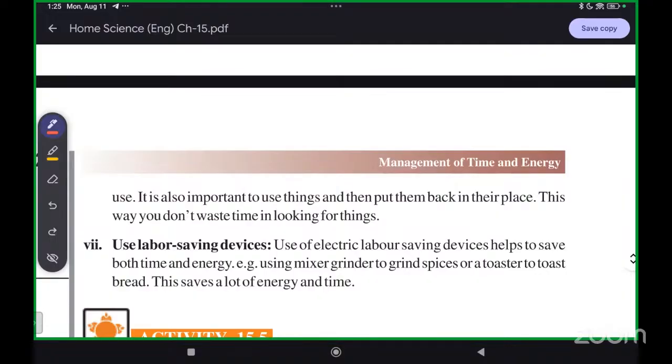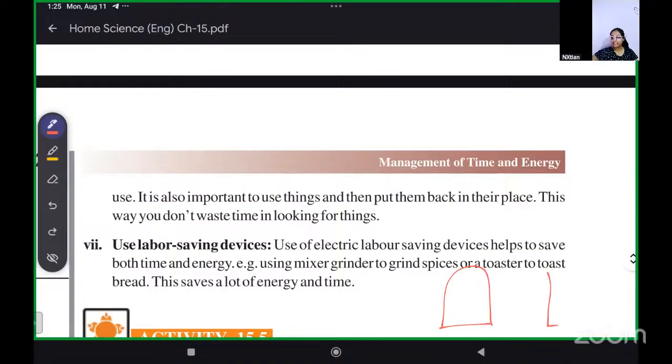Do you know that previously, in our grandmother's era, they had a big flat stone, and they had a grinder stone. In that they used to keep the spices, and then grind the spices.